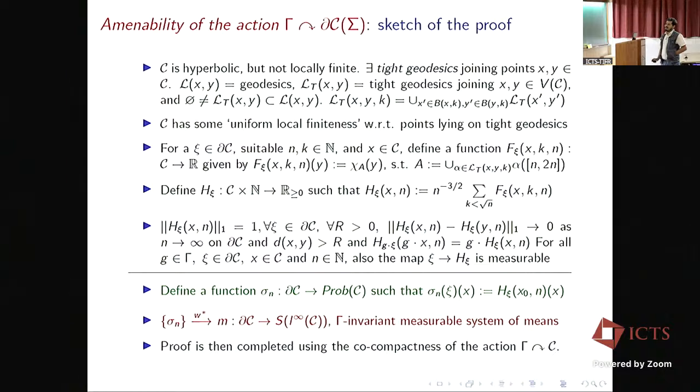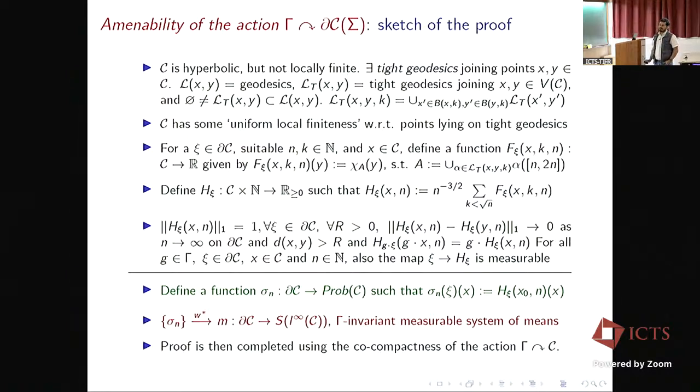Now, I define this function sigma n from the boundary of the curve complex into the probability measures on this curve complex. And this is my assignment. Now, if you remember the heuristic, the way to look at amenable action I mentioned earlier, we can think of it as an equivariant section on the set we are trying to define these maps on.